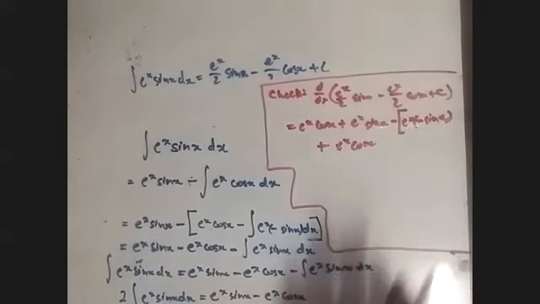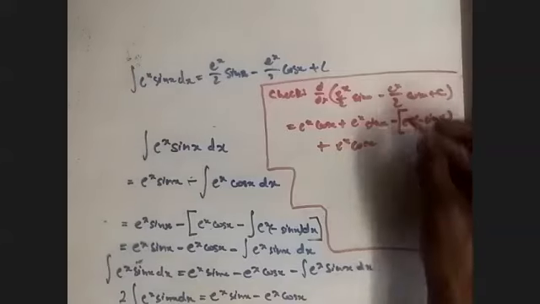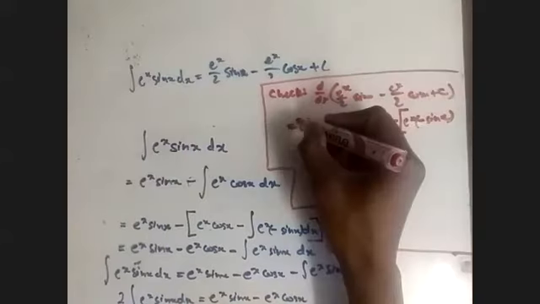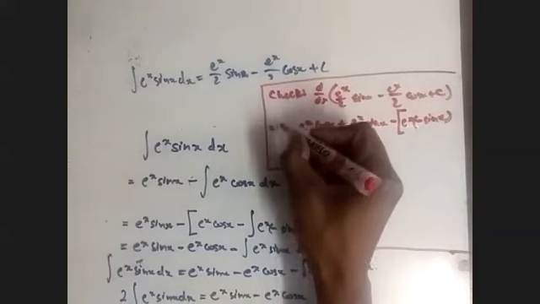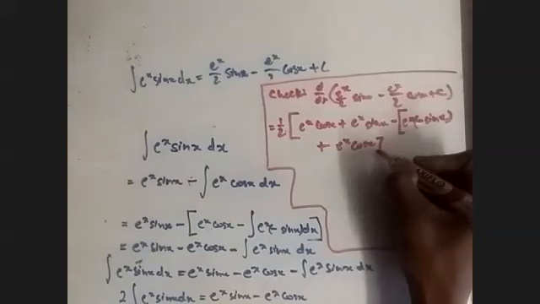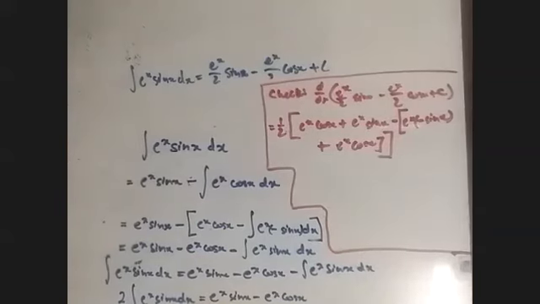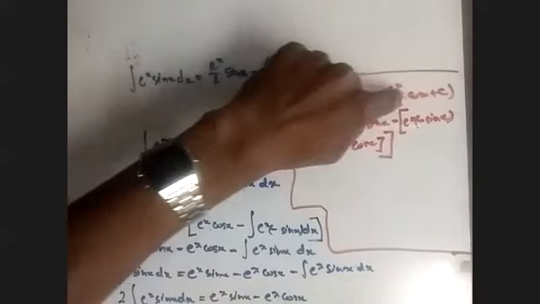Now, as you can see from here, guys, don't forget that there is a 1/2 here and also here. So let me write 1/2 everywhere. I hope you can see this 1/2 comes from these halves.